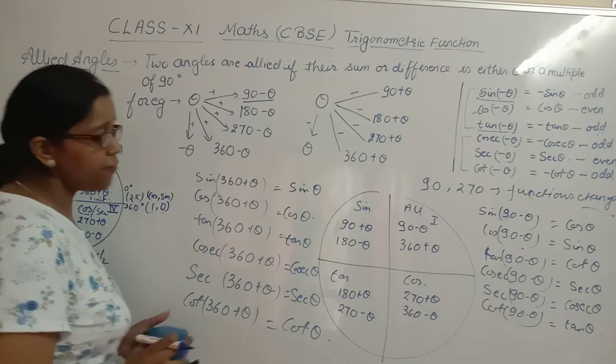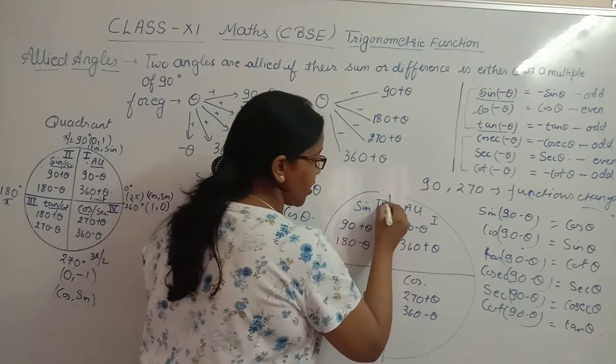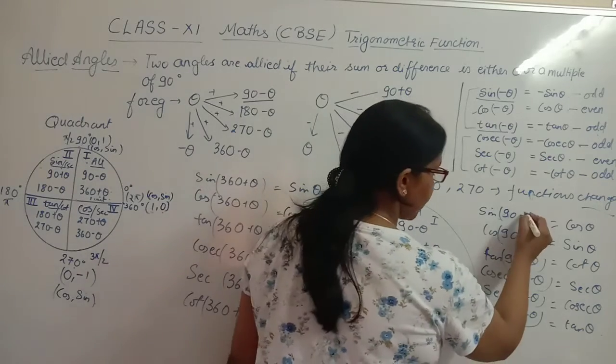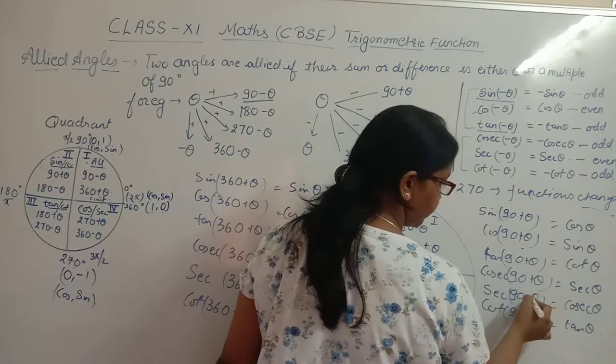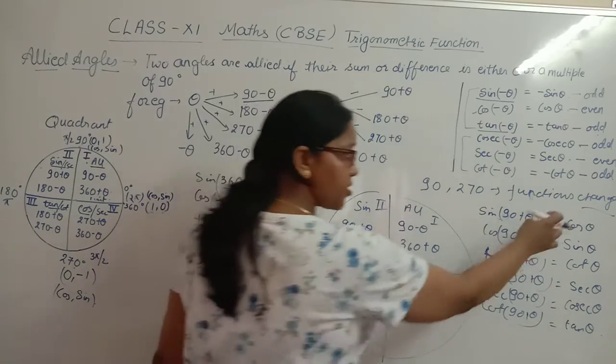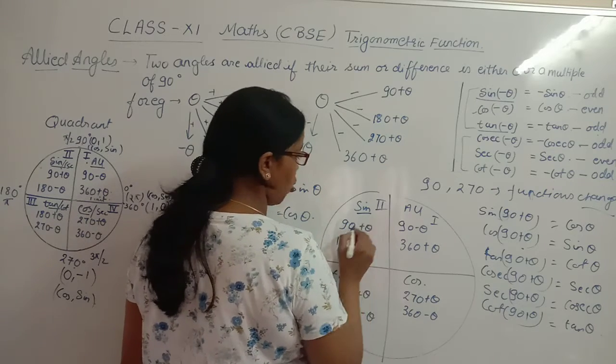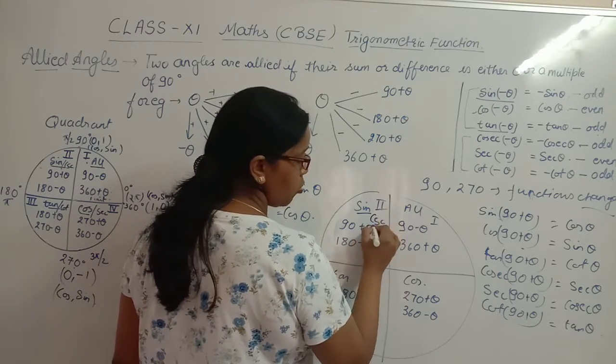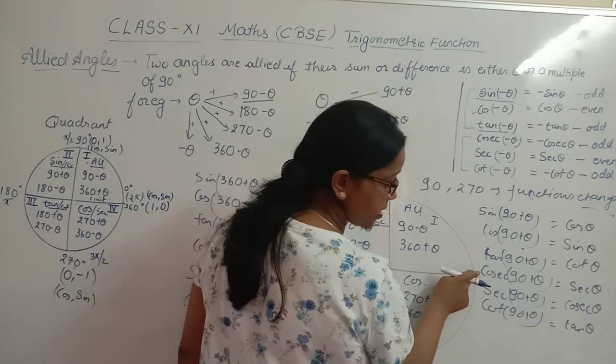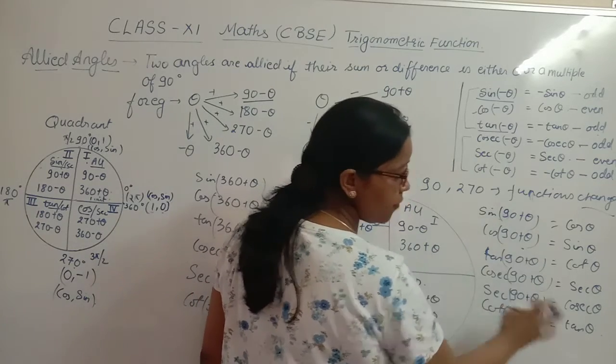Now, if you are moving to the second quadrant, and here you are taking plus, the functions will change, but only sine and cosec will be positive, rest all will be negative.